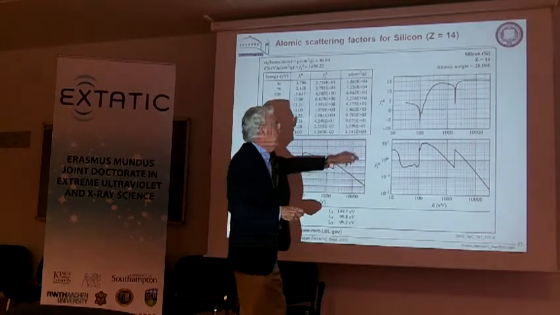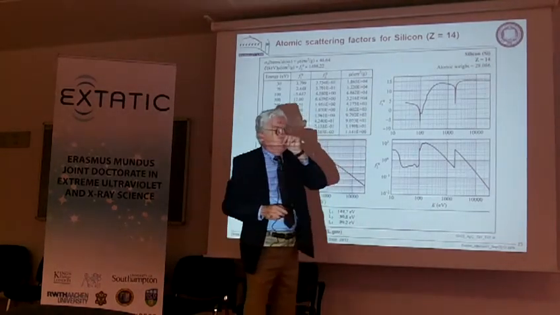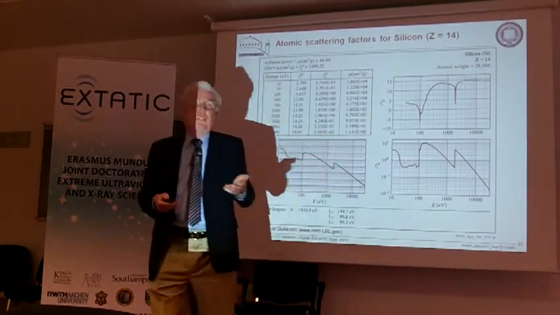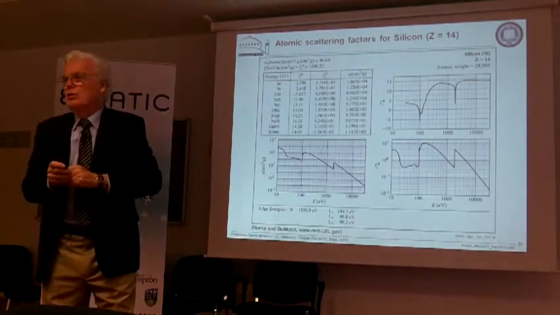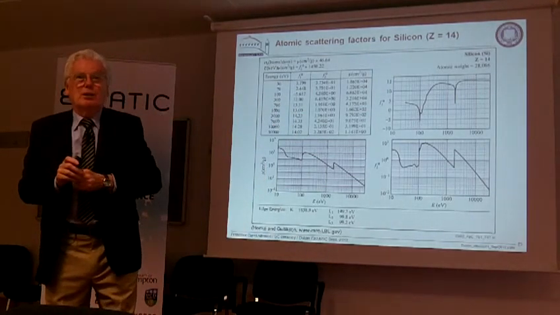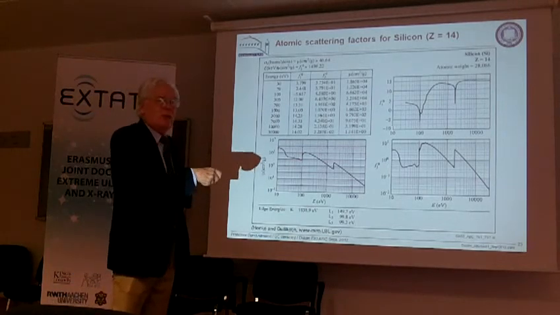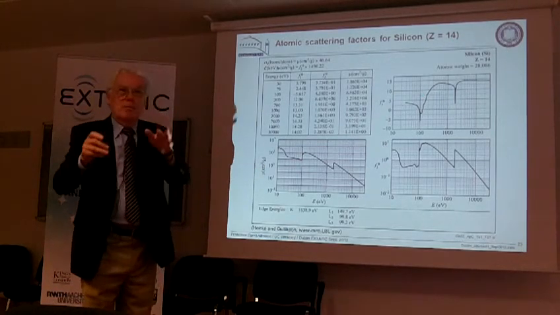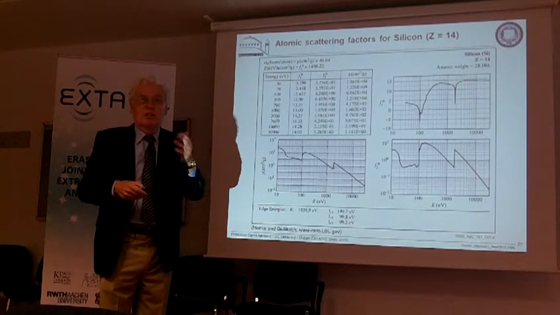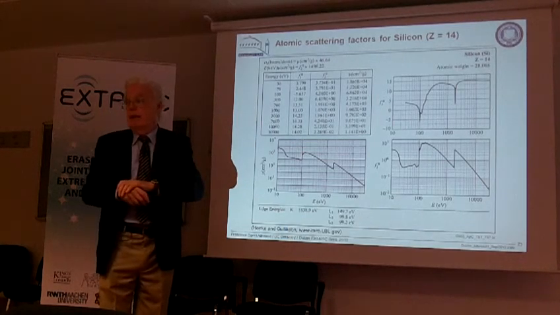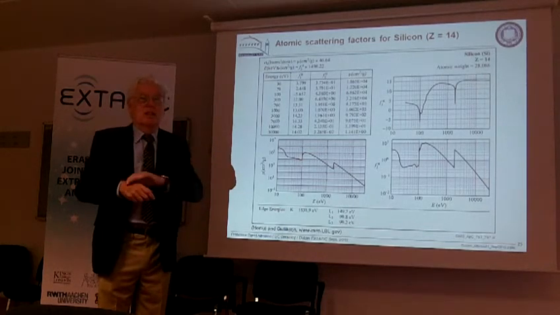And the question is, how do you get this part? In principle, you can measure it. You can make interferometers and other things, but it's not what you actually do. What you do is you use Kramers-Kronig mathematical relationships between F1 and F2. So we'll come back and I'll answer this more completely, and I'll show you how they actually do it. What are the relationships? It's at the very end of chapter 3. There's a little section there on that.